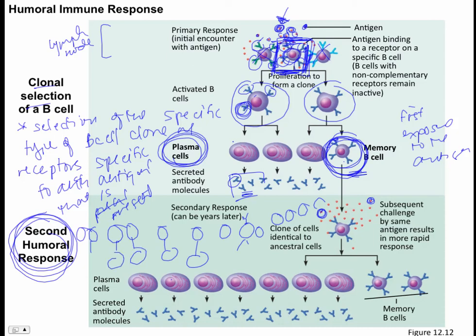So imagine how much faster you can get rid of something, because you've created 20 times or even more than 20 times the amount of antibodies within your system. And of course, when this comes into contact the second time, you're going to produce more memory B cells that are going to circulate within your body. Okay.